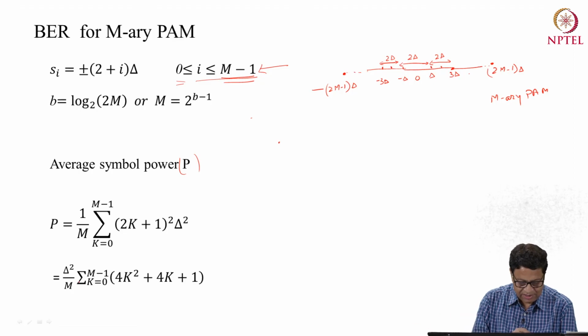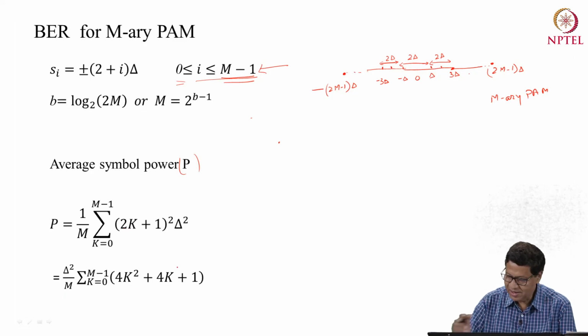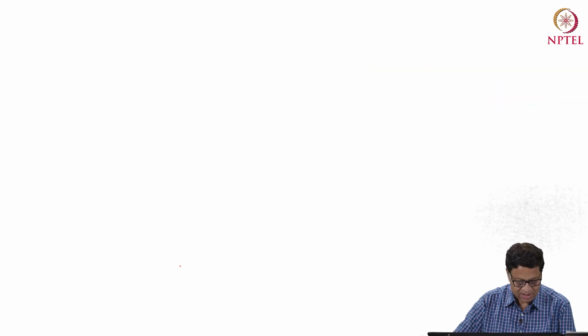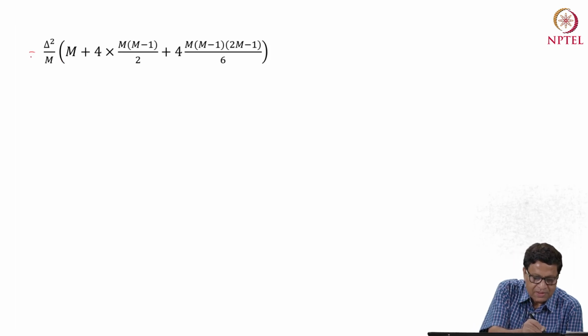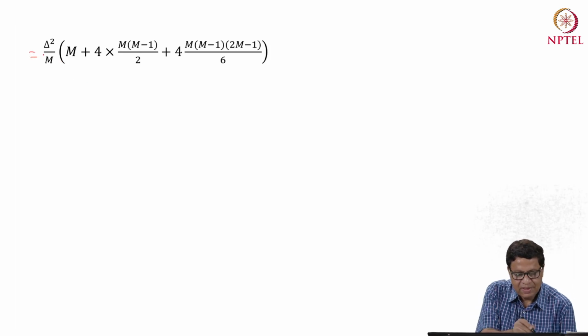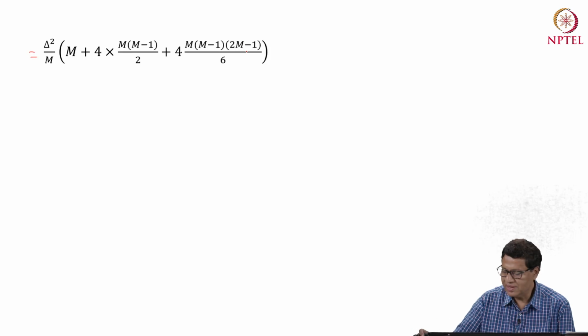And this can be expanded here. So delta squared by M can come out, and (2k plus 1) has been expanded here. And further simplifying, this becomes delta squared by M times the quantities in the bracket.